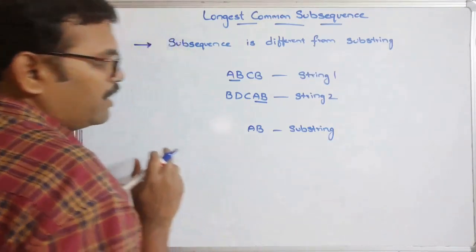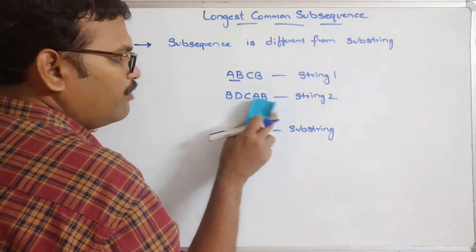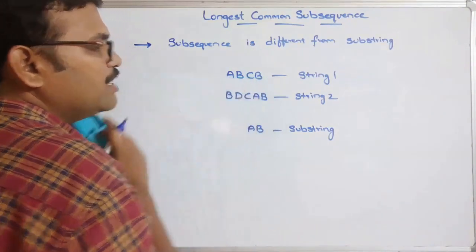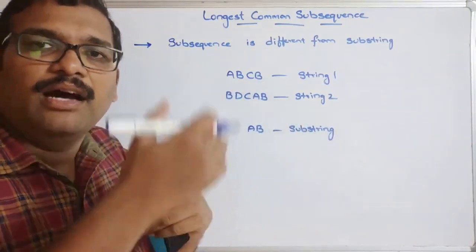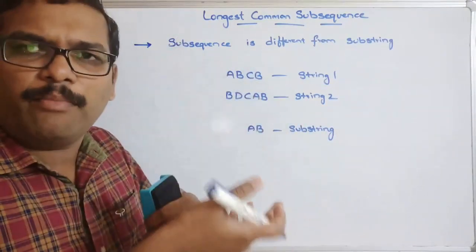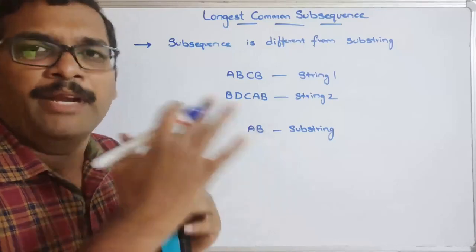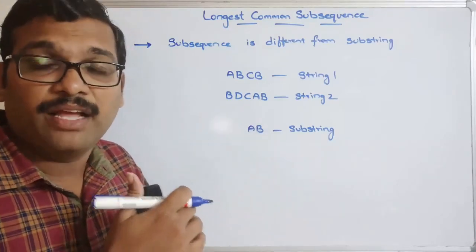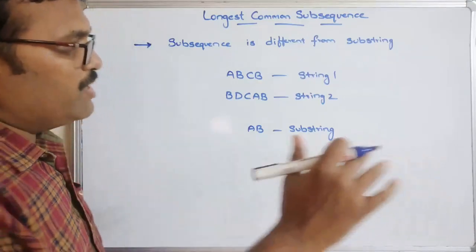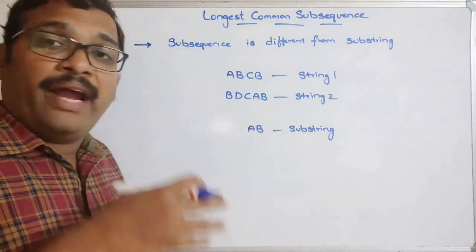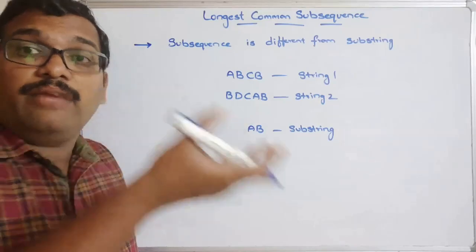And how does it differ from subsequence? So sequence means the order in which we are arranging the characters or numbers or anything, in general we can call them elements. So arranging the elements in an order. So we need to find whether there is a sequence or not.